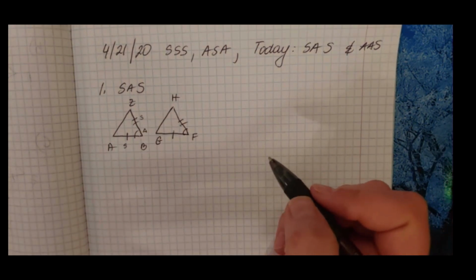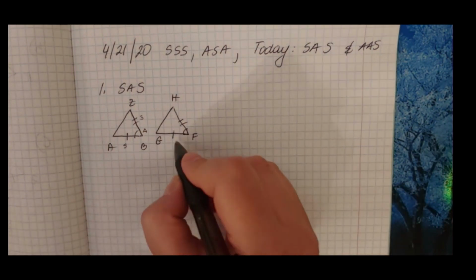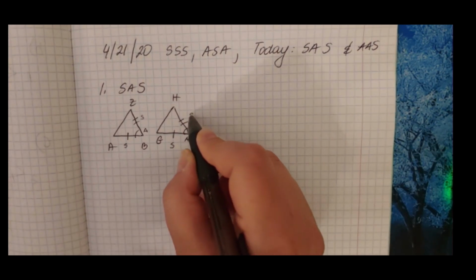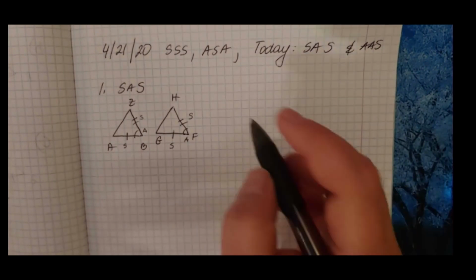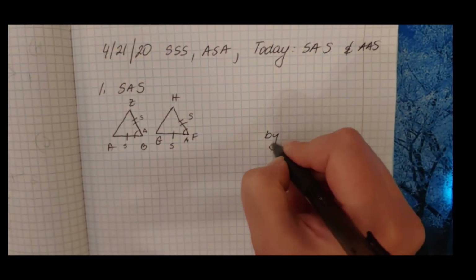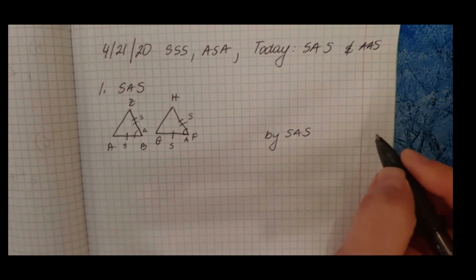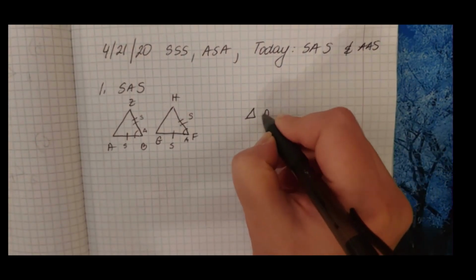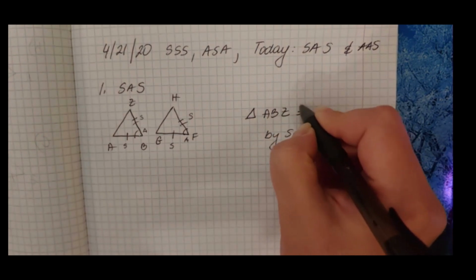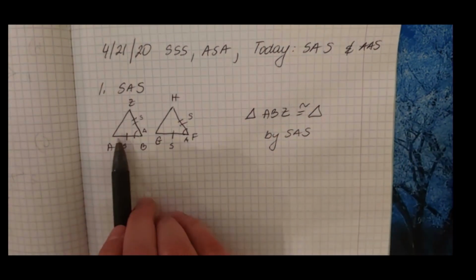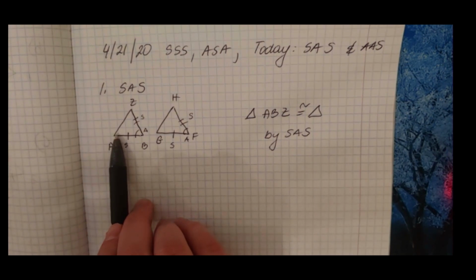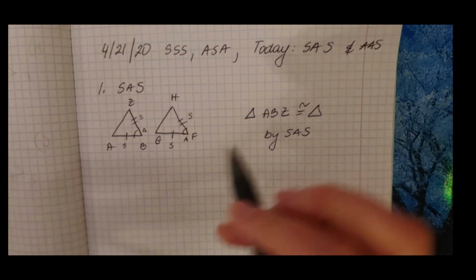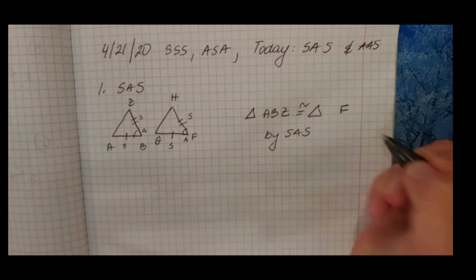Now I have to check in the second triangle if that actually is the same. So side, the next thing marked is angle, and the next thing marked is side. So yes, they're congruent by side, angle, side. That's enough information to make them congruent. Now what is congruent? Triangle ABZ is congruent to what triangle? Well, the easiest one to find at this moment is that B goes with F. So I know the F is going to be in the middle, right?